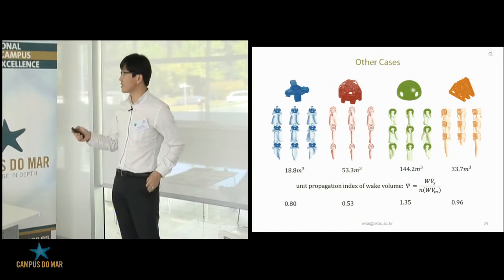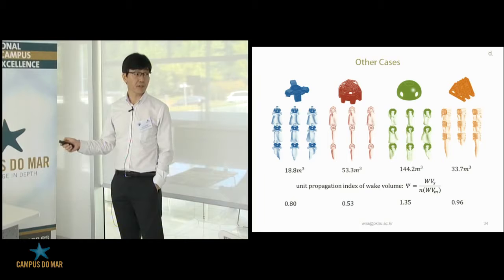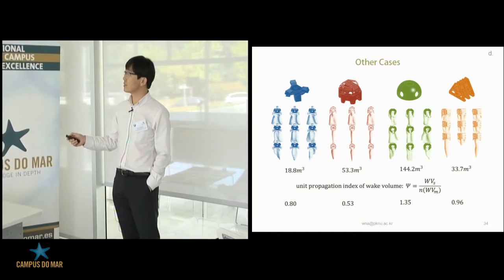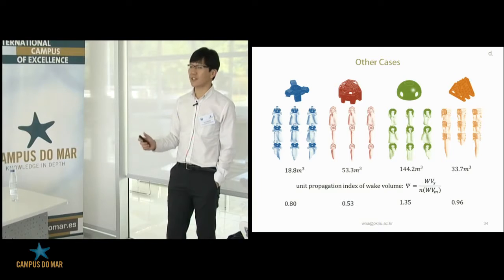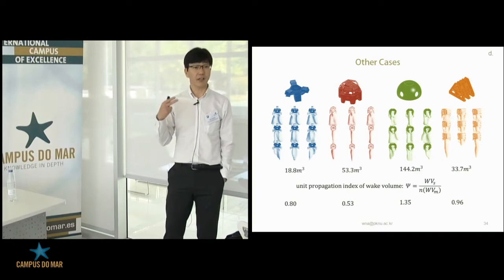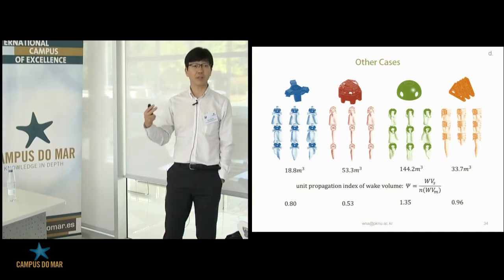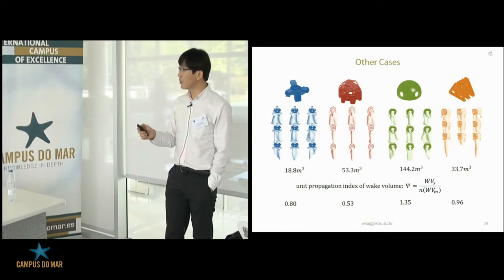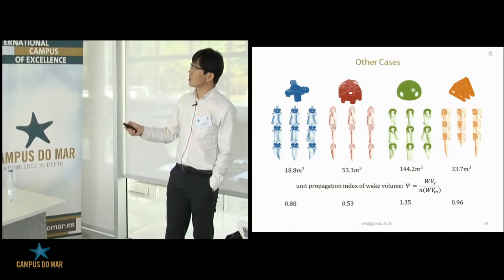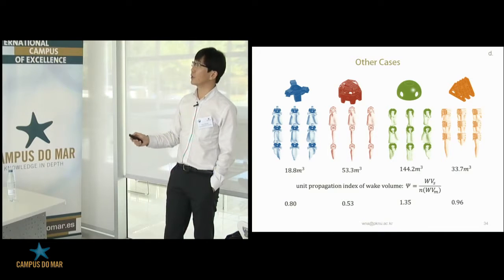And N is the number of artificial reefs. With this concept, we made the unit propagation index. If this index is very big, then it is very efficient for the placement model. That's the basic idea. So among these 4, this one is 1.35. So this is the better one compared to others.